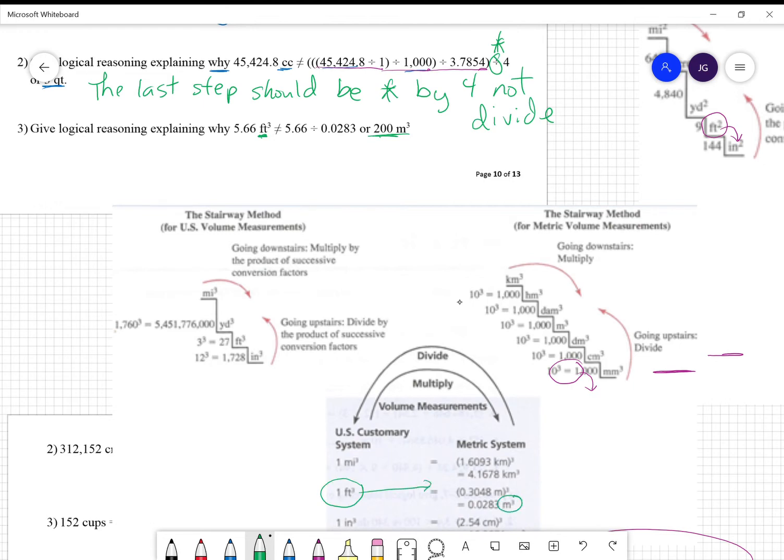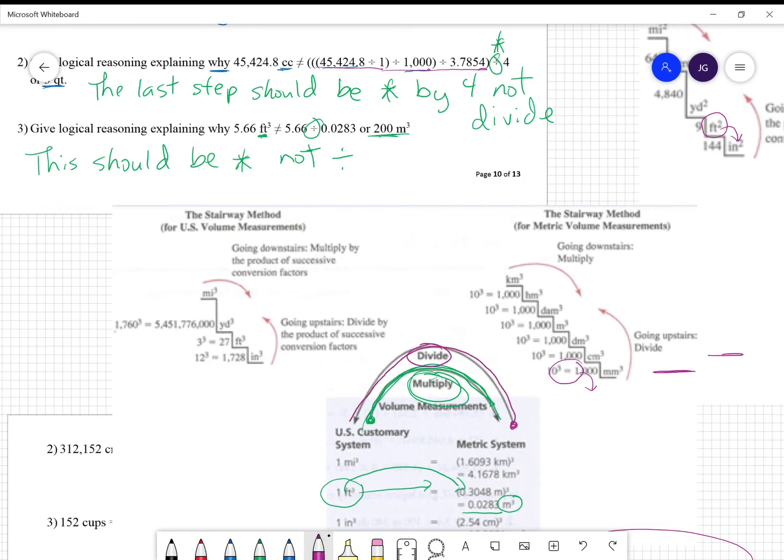So I'm going to take my 5.66, I'm going in this direction, and I'm going to multiply it by 0.0283. Again, they divided instead of multiplied. Because to go from feet, English, to metric, so here's my starting point, here to here is multiply. If my starting point is in the metric and I'm going in this direction, it's a divide.